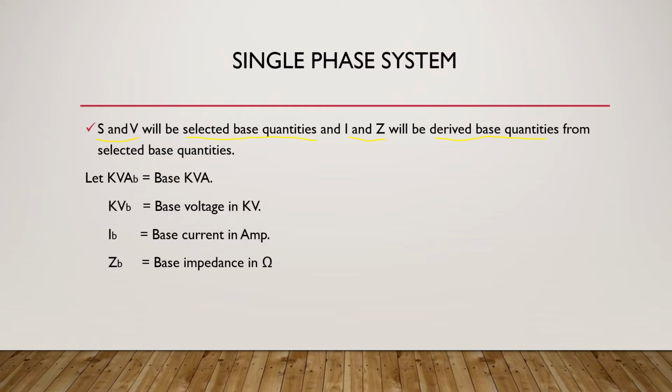That means S and V. Now let us have the analysis. Firstly, let us assume that kVAB stands for base kVA, kVB stands for base voltage in kV, IB stands for base current in ampere, and ZB stands for base impedance in ohms.